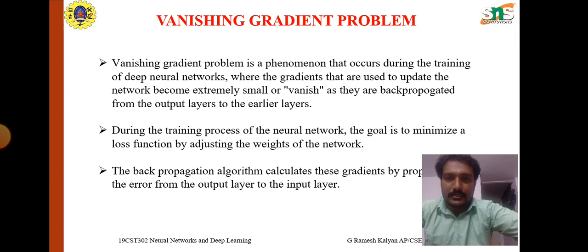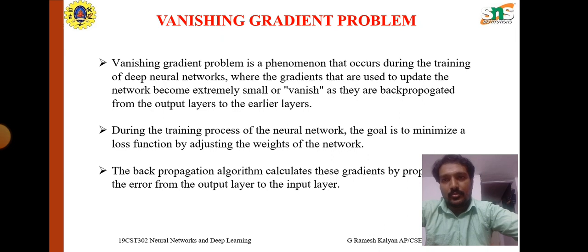As I said in the previous video, the vanishing gradient problem is the phenomenon in which, during backpropagation from the output layer to the earlier layers, the gradient size gradually decreases, and at a certain condition it becomes very small, and after that the gradient itself gets vanished.